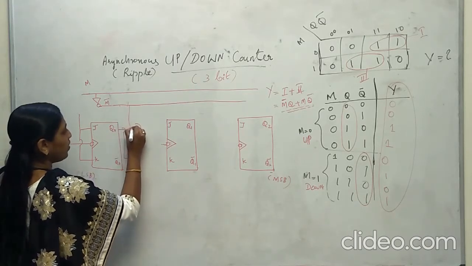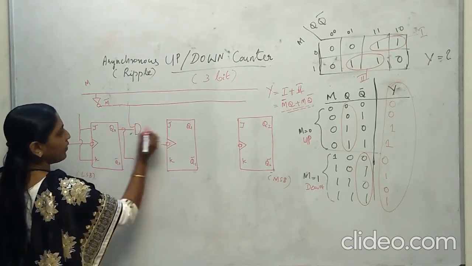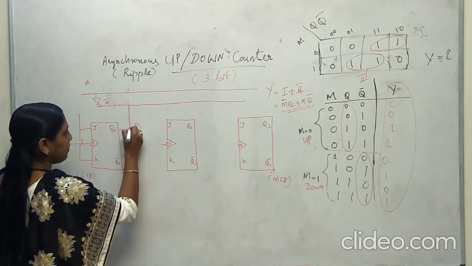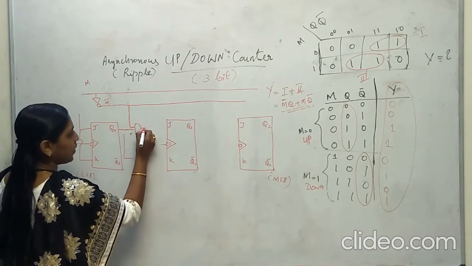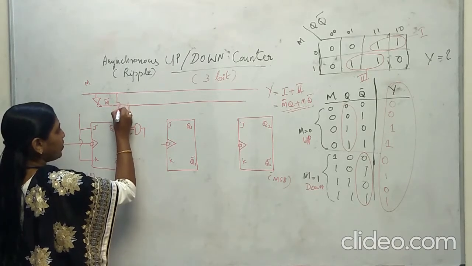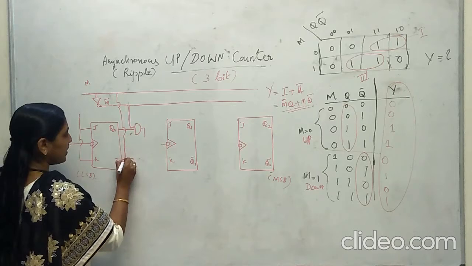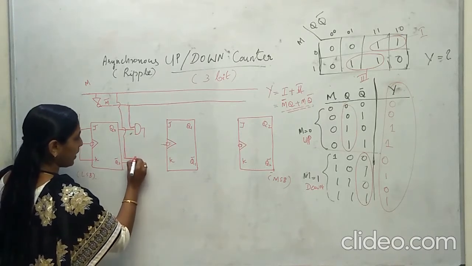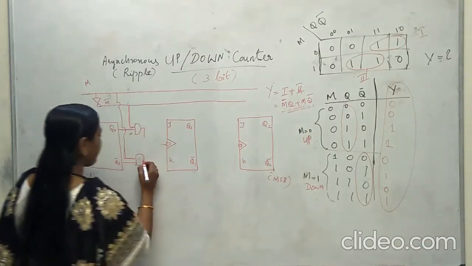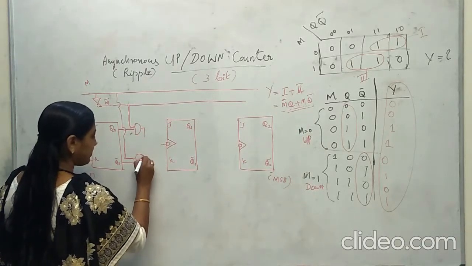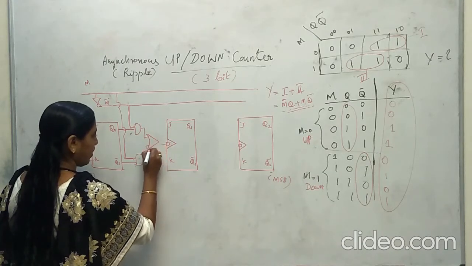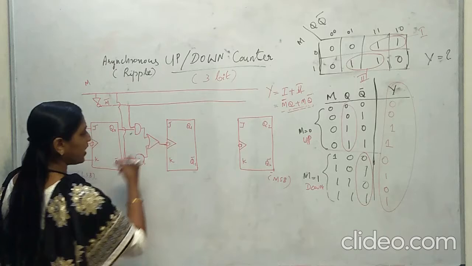So I have to connect M bar and Q. Okay, so this is M bar, this is M bar, and Q is connected. That is one input. And our second is, if M is equal to 1, I have to choose Q bar, right? So this is the second input, and I have to take the OR of these two, and I can give it as the clock input.